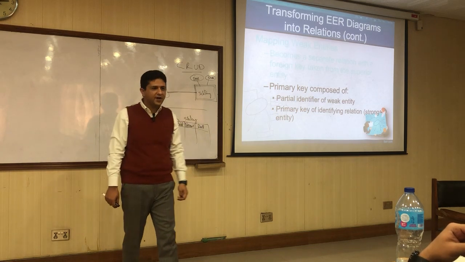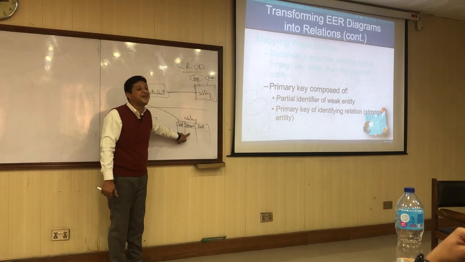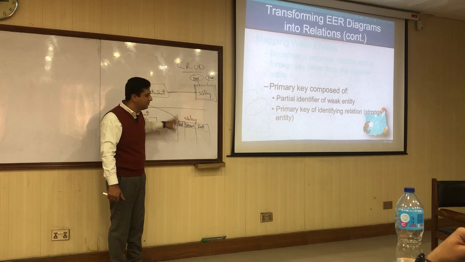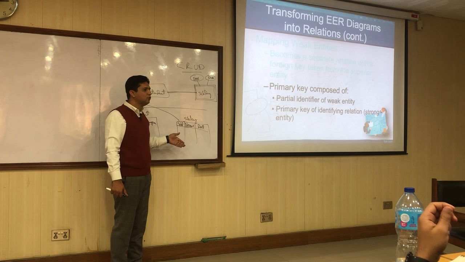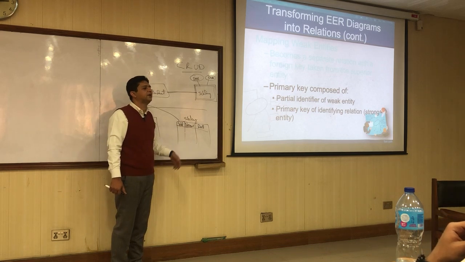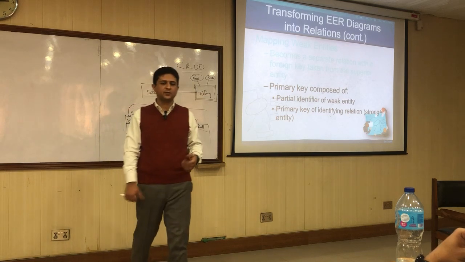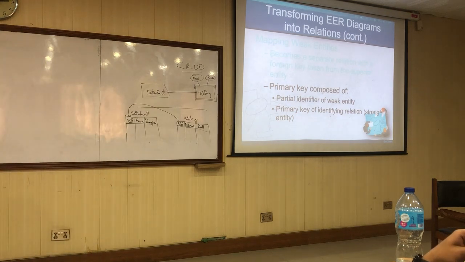Okay, so it would mean that this relation represents a weak entity because the foreign key is used along with the partial identifier as a composite primary key for this particular relation. Okay, clear?